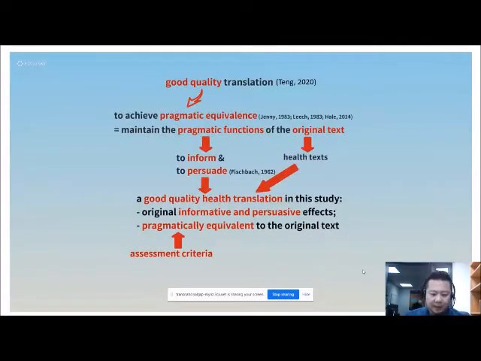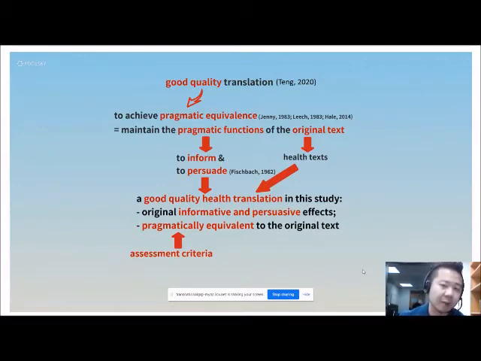This is an example from my PhD study, for which I look at a particular text, and for which I define good quality translation as a translation that can achieve pragmatic equivalence. So what do I mean by achieving pragmatic equivalence? I mean the translation should maintain the pragmatic functions of the original text.